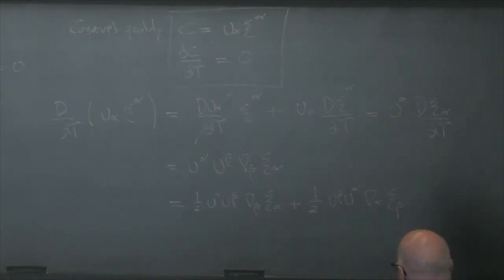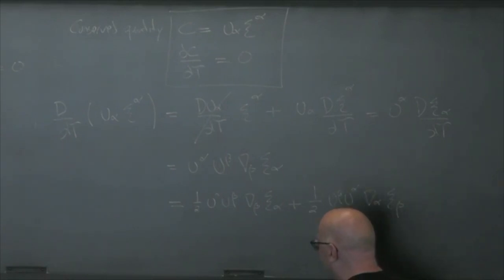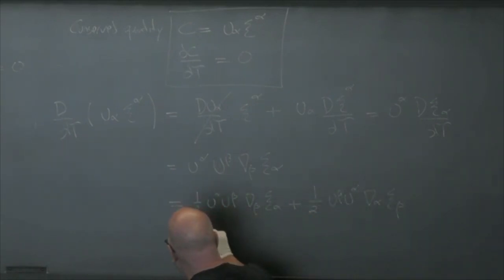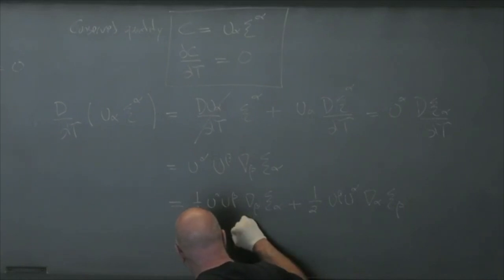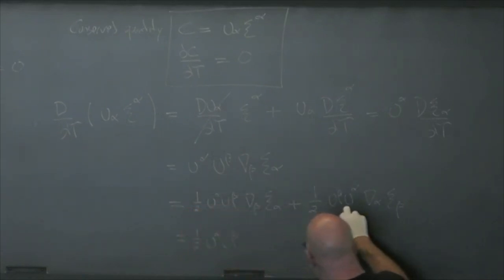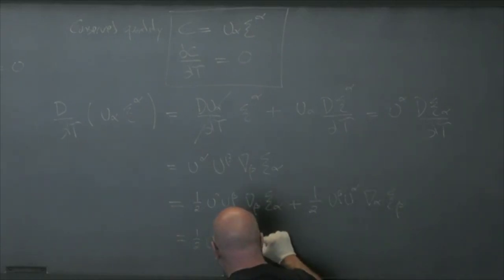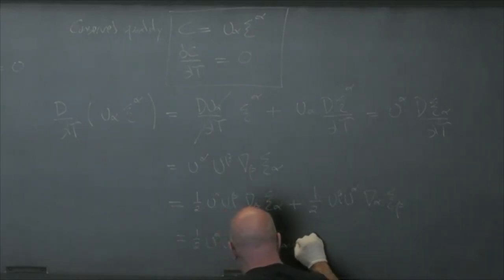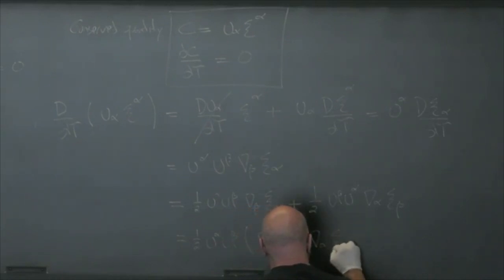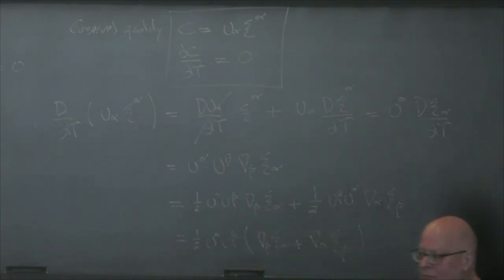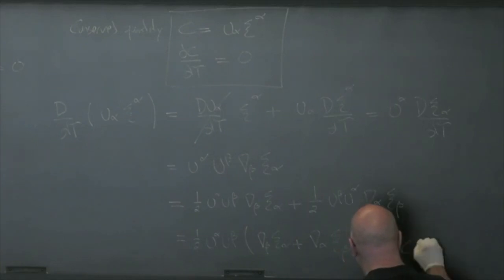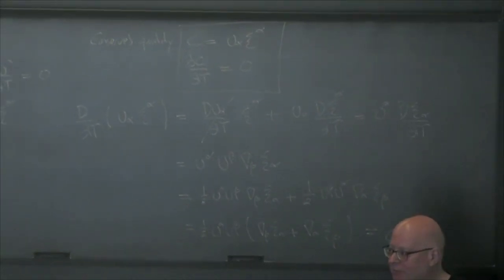So I can express it like this. Then I'll factorize the 1/2, I'll factorize the two factors of the velocity vector, and what's left over is this gradient plus this gradient. And now we recognize that as being 0 by virtue of Killing's equation.